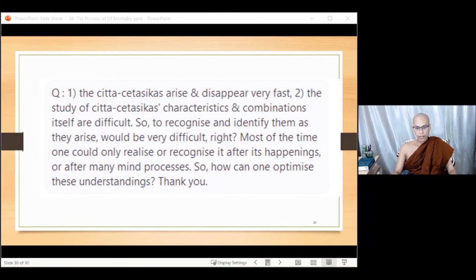And at that moment, it has the nature to be able to know the object. So we don't need to worry. The mind is trying to follow, trying to catch up with the object of mentality, and that mind itself is also mentality.